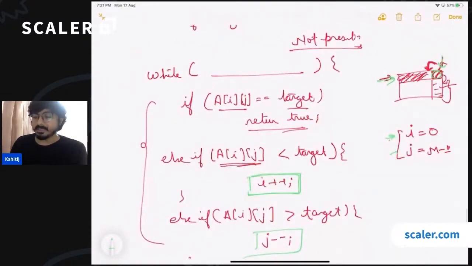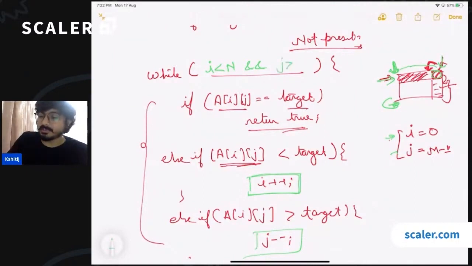So if you are incrementing i, you have to make sure that you are not going out of this matrix from here. So i should always be less than n, okay? And if you are decrementing j, you have to make sure that j does not become less than 0, right? So j should always be greater than or equal to 0. So this is your boundary case till which you have to run this loop.